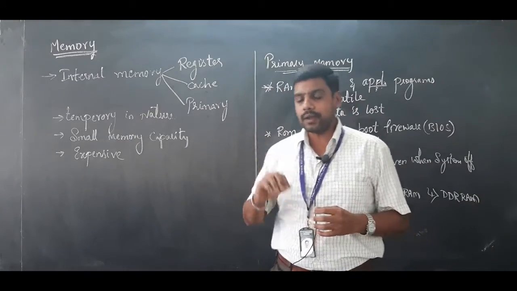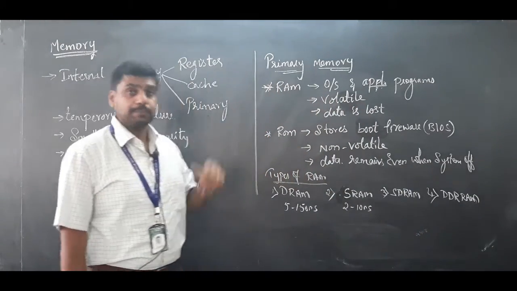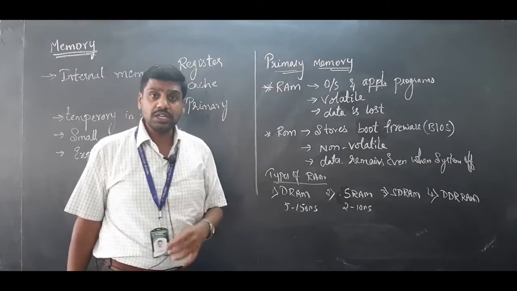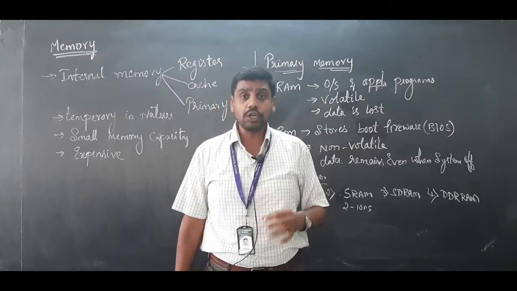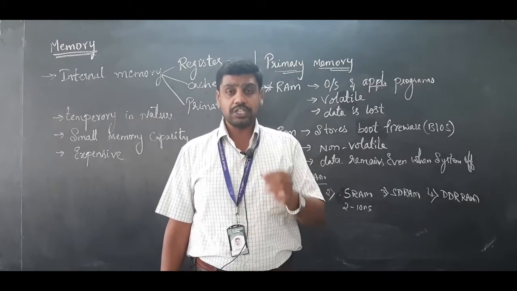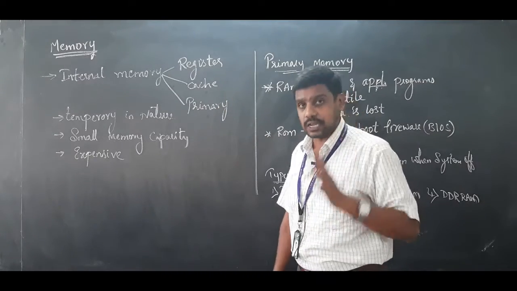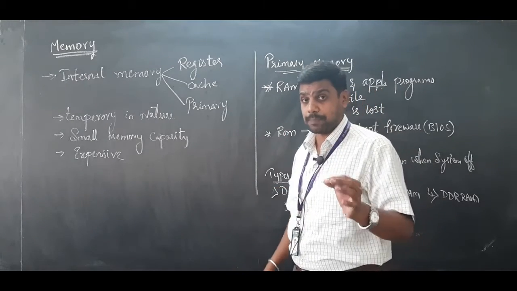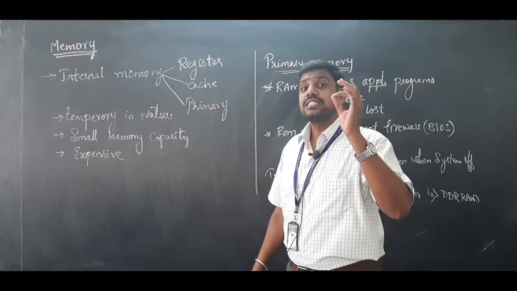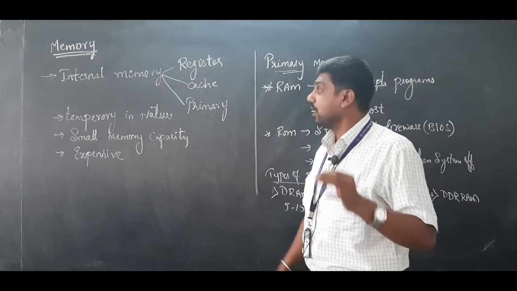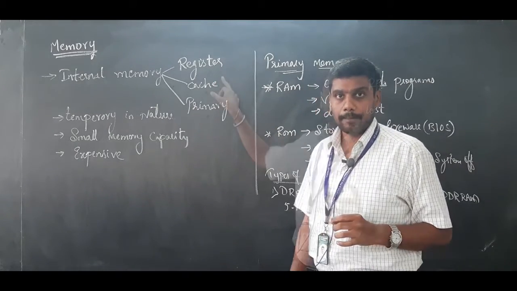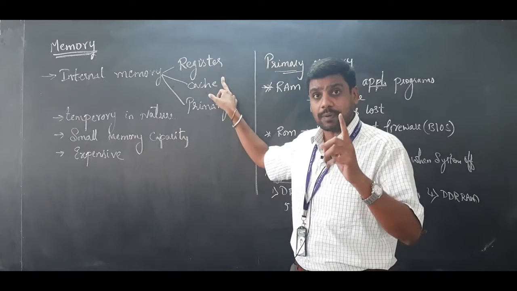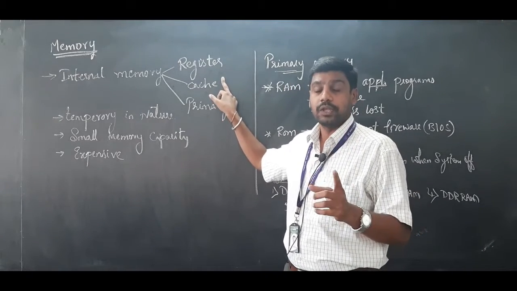These are the features of internal memory. Let us study the types of internal memory one by one. The register. The register is a small capacity storage placed inside the CPU. This register will get the information provided by the CPU.